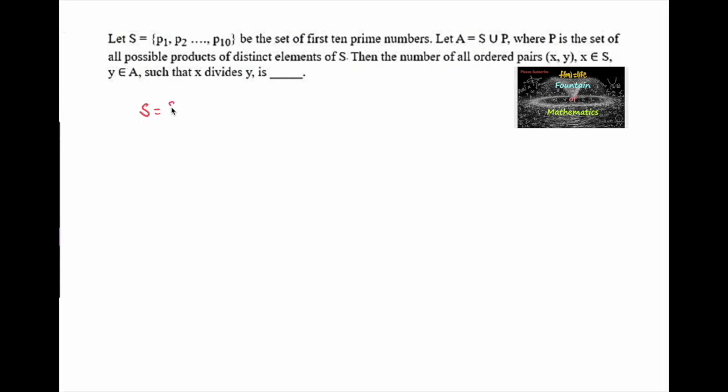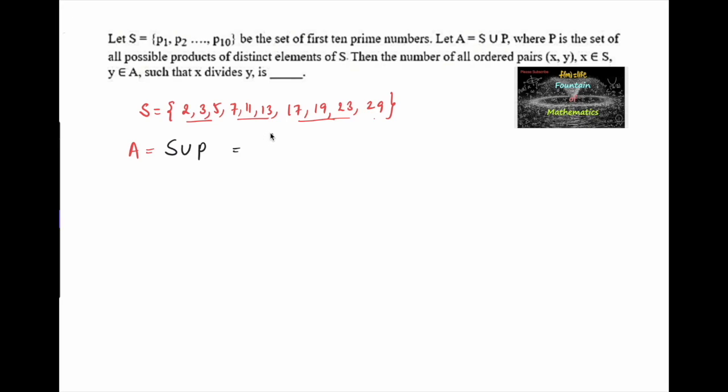So we can take S is equal to 2, 3, 5, 7, 11, 13, 17, 19, 23 and 29. So these are the 10 prime numbers. And set A is equal to S union P, where P is a set of all products of the distinct elements of S.